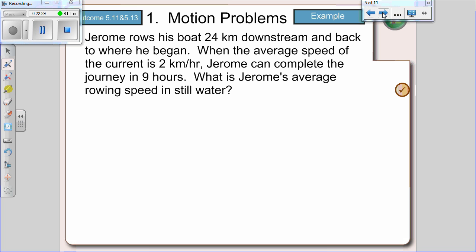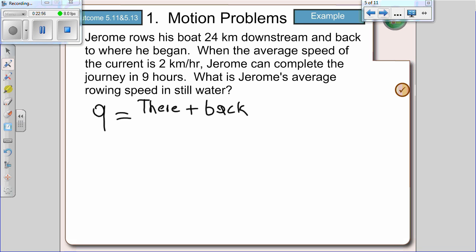Because this doesn't work. So, you have to figure out how long it took. It took 9 hours total, which is equal to the time there plus the time back. Right? That's what makes sense. However long it took to get there plus how long it took to get back, that's going to be 9 hours, since that's all it took.